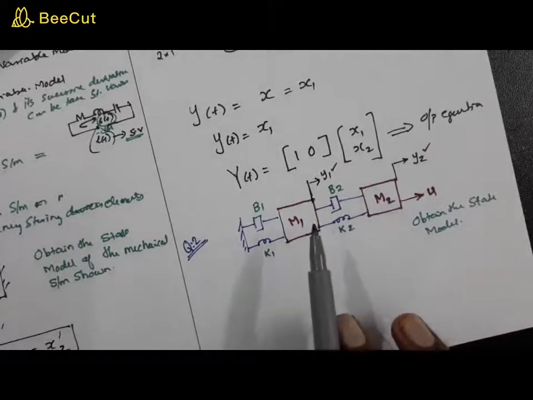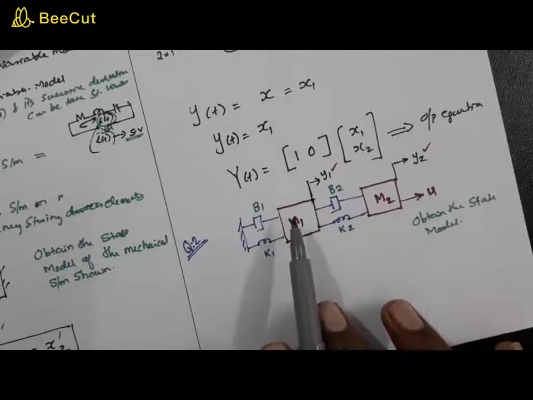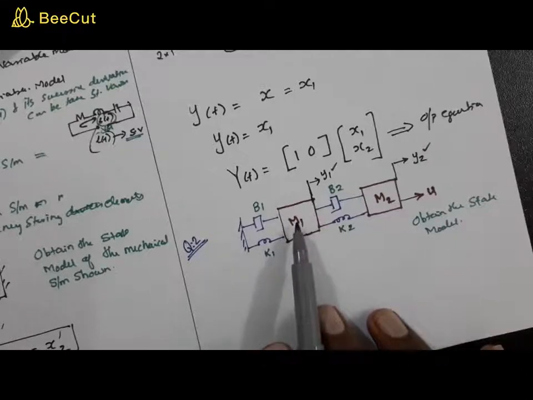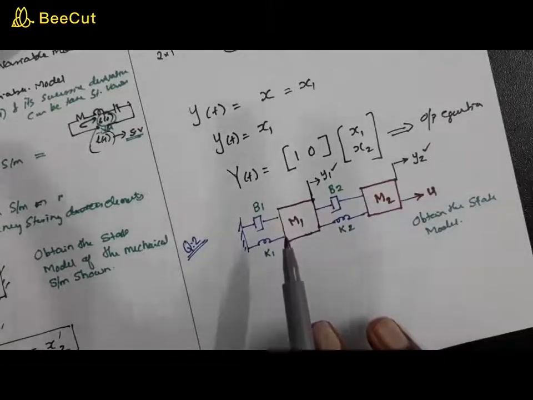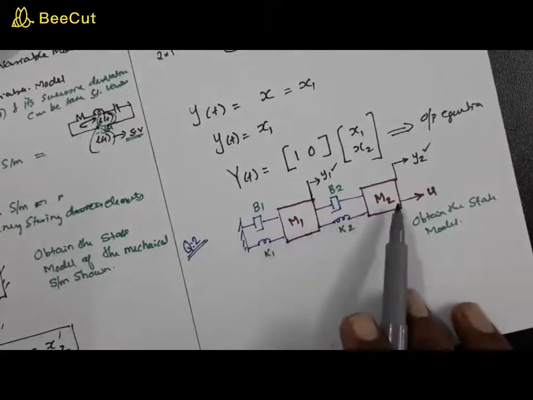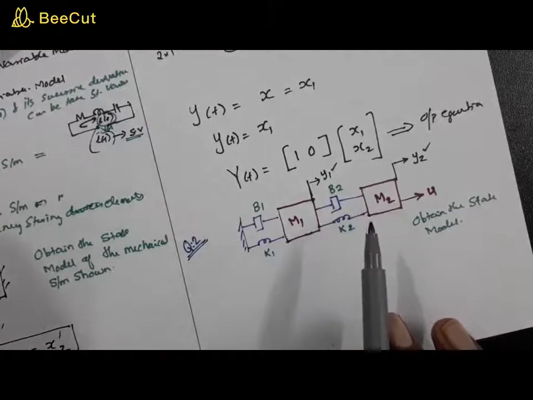So for each equation, if it is a second order differential equation, for this M1 you can see that it can be represented by two state variables, because how will you select the number of state variables? The number of state variables depends on the order of the system. So this particular system can be described completely by two sets of second order differential equations.